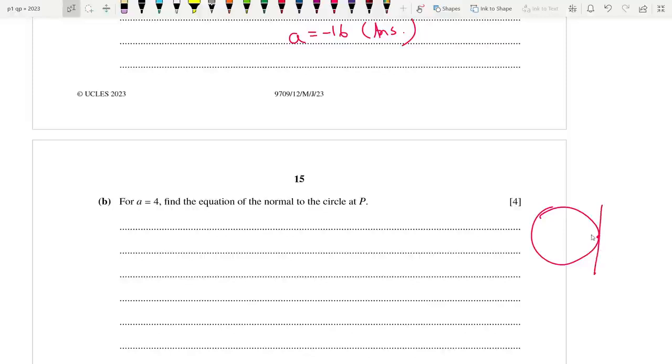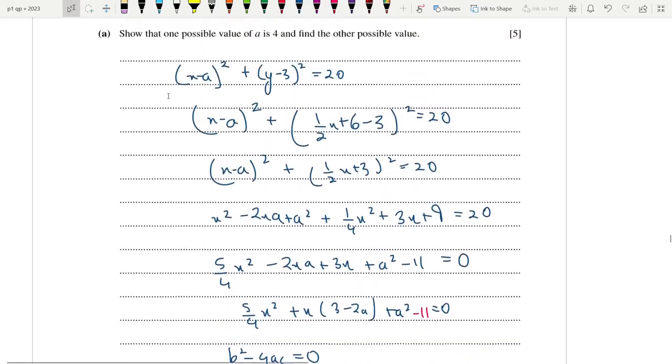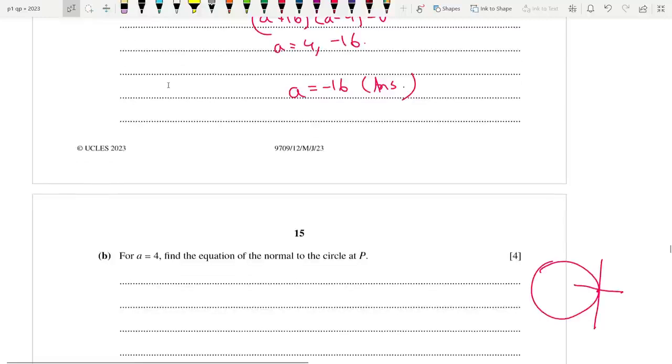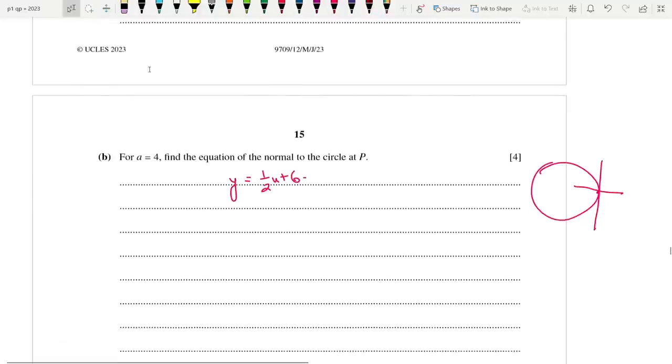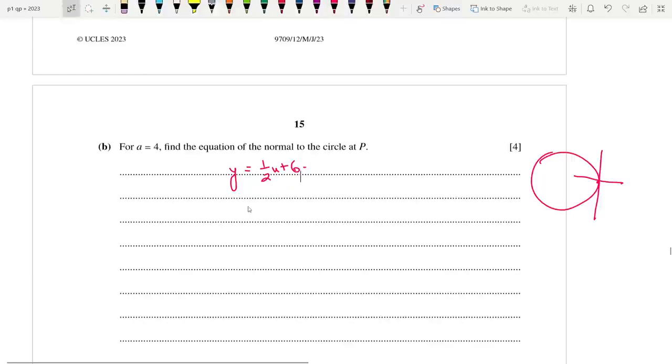We know that this is the tangent. So we need to find out the equation of the normal to the circle at P. So what's the equation of the tangent? y is equal to half x plus 6. So what's the gradient of the tangent? Half. So gradient of the normal will be minus 2.